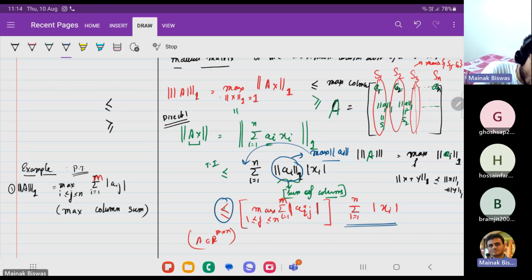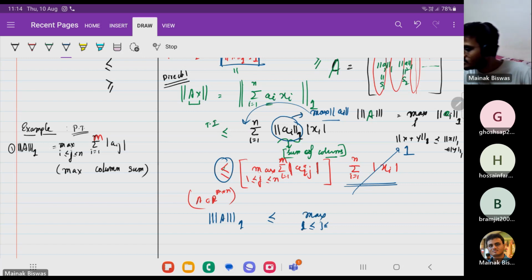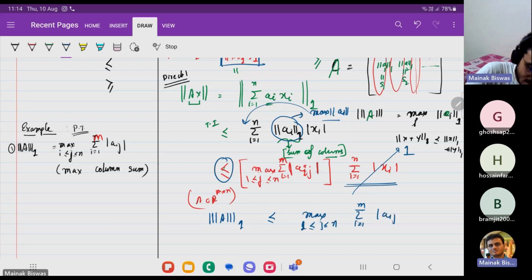From the definition of induced norms. So you got that the norm is less than or equal to the max over j from 1 to n of the sum over i equal to 1 to m of |a_ij|. This we have shown, right?